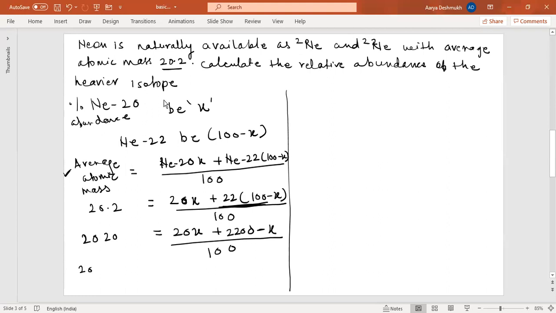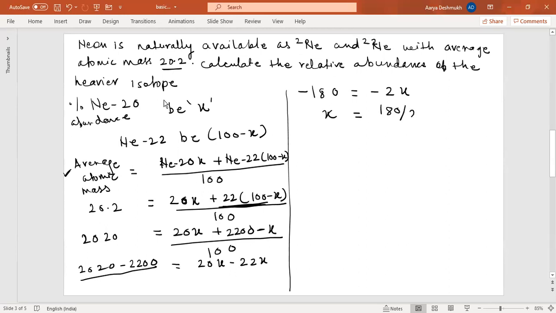Now 2020 minus 2200 equals to 20x minus 22x. Okay. So right here, when you solve this, you'll get minus 180 equals to minus twice x. So x will be equal to 180 divided by 2, which is found to be 90.